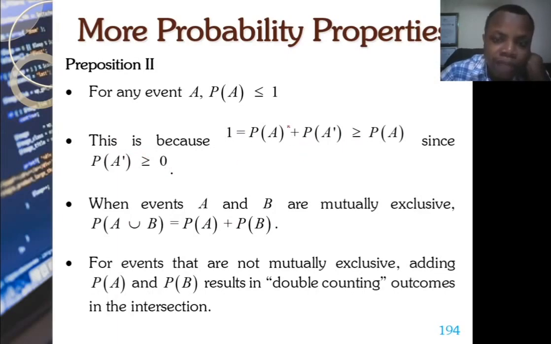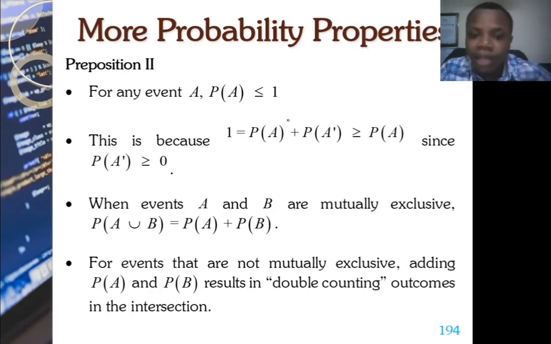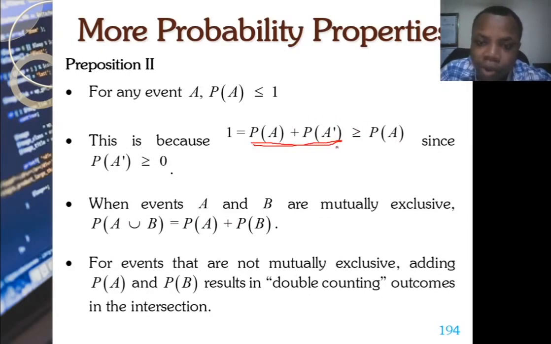So if that happens, it means that if we should look at these two probabilities and sum them, it should be greater than probability of A, because there's no way a probability in here could be negative. So it's either 0 or greater than 0. So if this happens to be greater than or equal to 0, then it means that their summation will definitely be greater than just the probability of A.